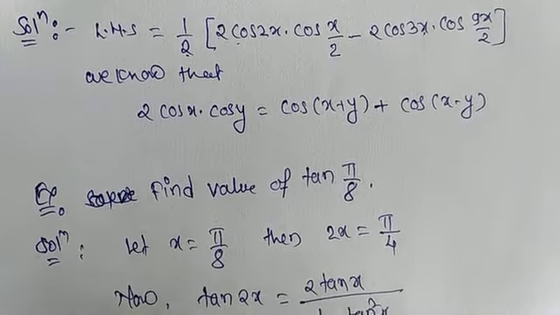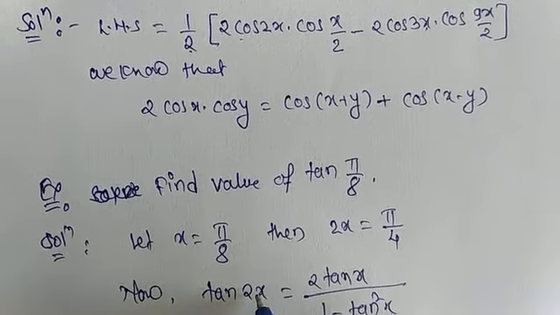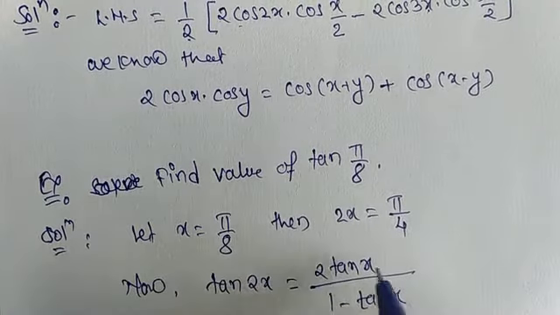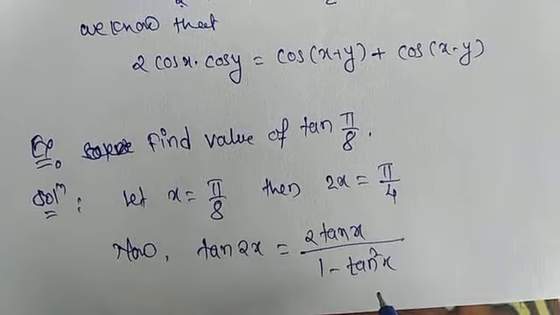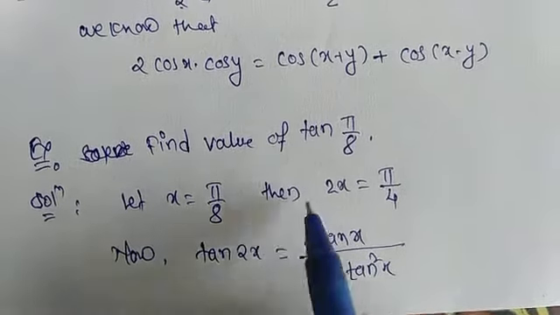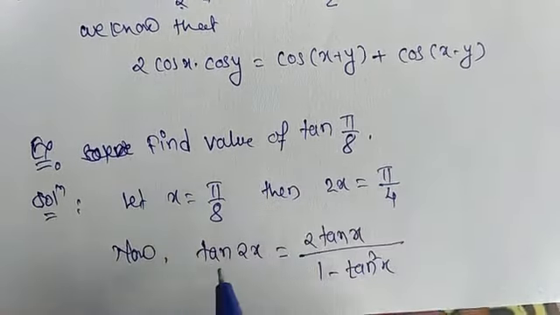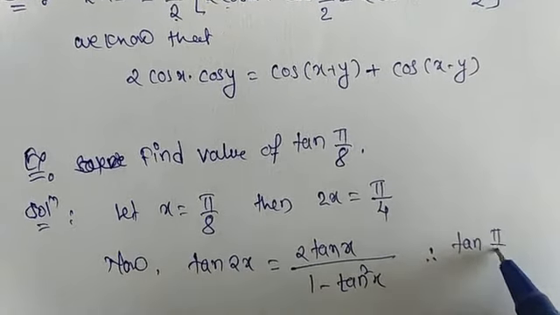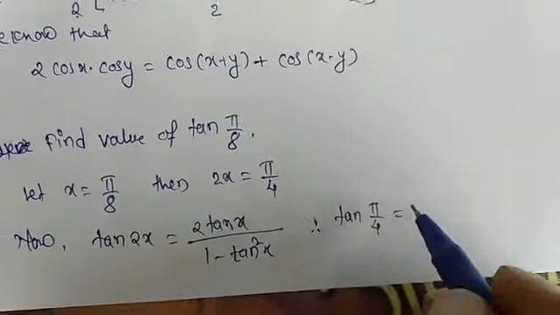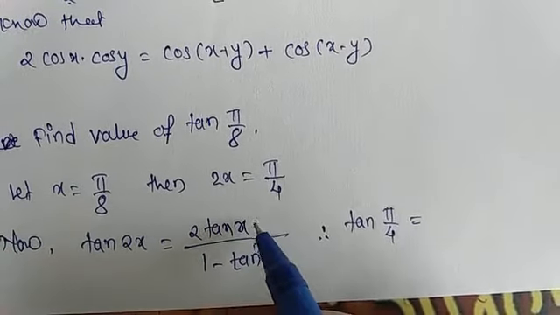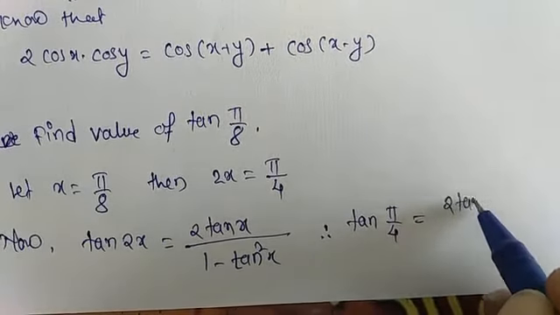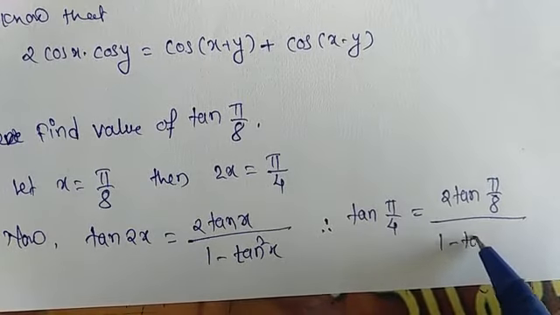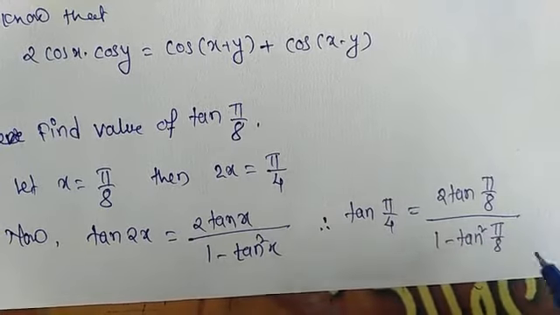You know the formula of tan of x plus y; in that we have to put y is equal to x, you can get this formula. Okay, so tan of twice x is pi by 4. So tan pi by 4 is equal to, now put the value of x is pi by 8, so twice tan pi by 8 upon 1 minus tan square pi by 8.